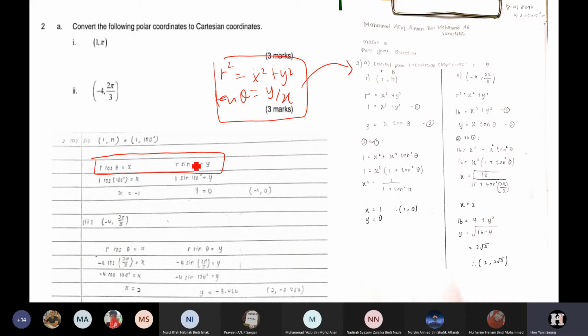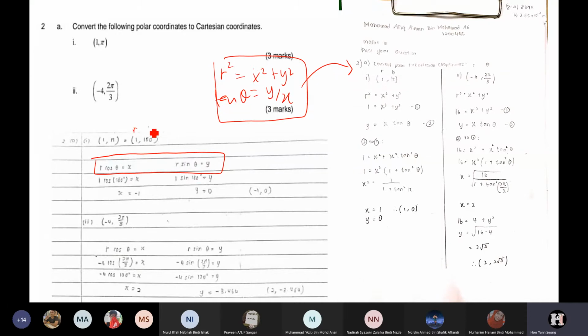Indeed, my way is the left hand side, but that's why I say as long as the working is reasonable and making sense, marks will also be awarded. Now the actual way to do it is x equals r cos theta, y equals r sin theta.